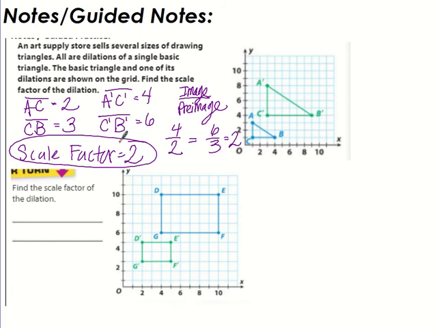Okay. For the second one, it's a rectangle, so it's really nice as we can actually check all 4, right? We would check DE against D prime E prime, and then maybe EF against E prime F prime, and so on.